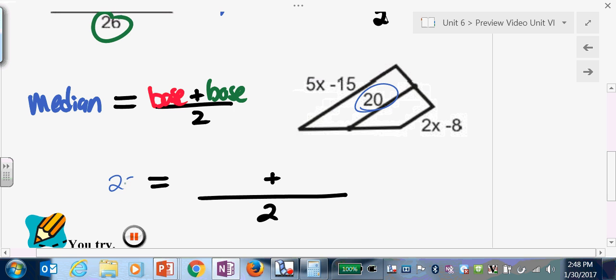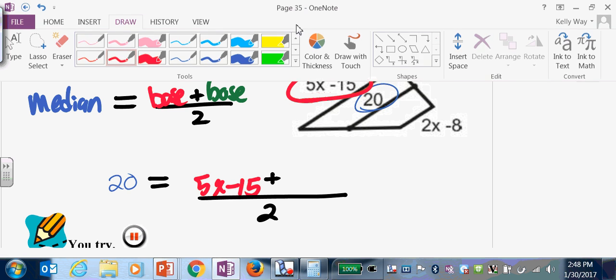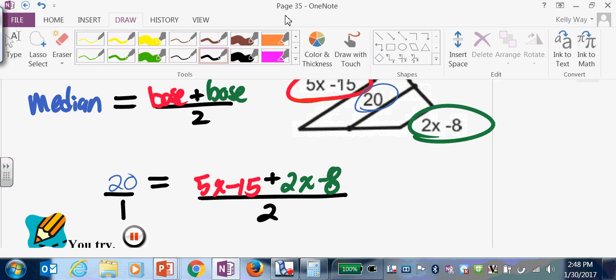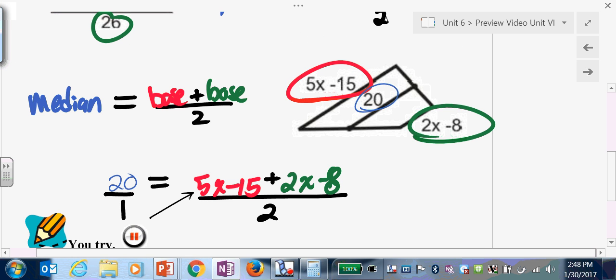Our median this time is 20. Our one base, it really doesn't matter which base is which because it's plus. Here's our other base. Pop this leftover 1. You're going to cross multiply and solve. Keep your head down on your own paper and check your math with mine as soon as you're done.